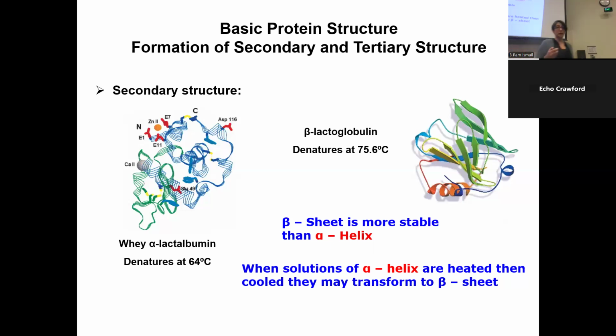Also, in the presence of calcium, alpha helix gets more stabilized, alpha lactalbumin specifically, because they can form protein bridges in the presence of calcium and stabilize.